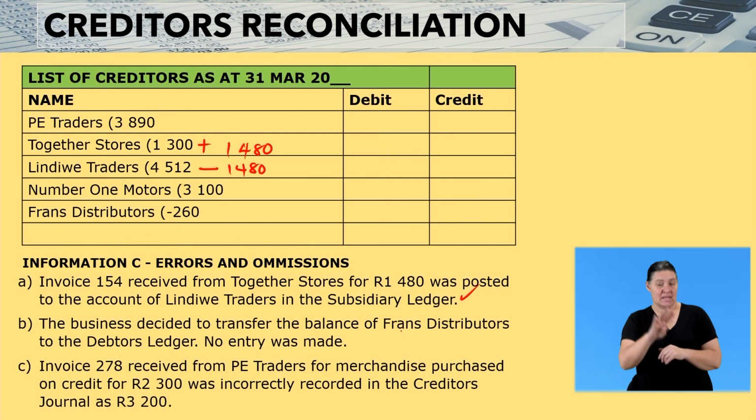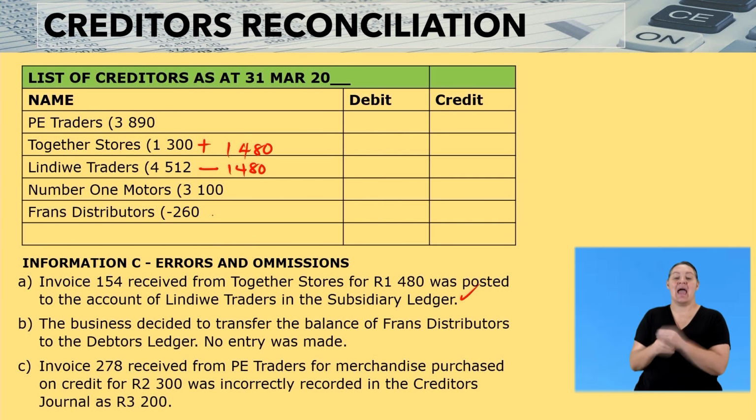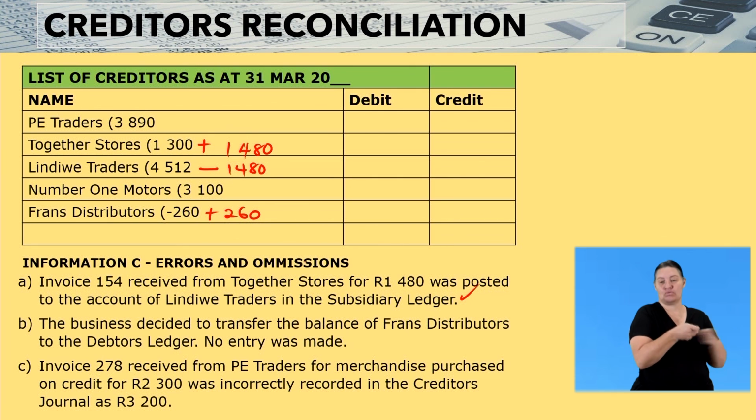Let's go to B. The business decided to transfer the balance of France distributors to the debtors ledger. No entry was made. You remember we spoke about this earlier on, and we added the amount. So we'll come to France distributors and we'll also add the 260, just as we did in the creditors control.